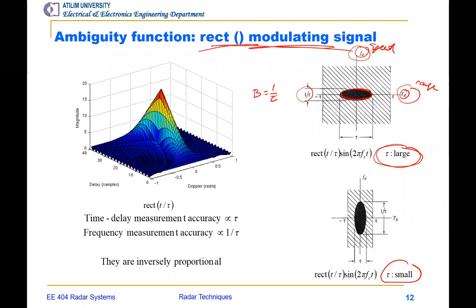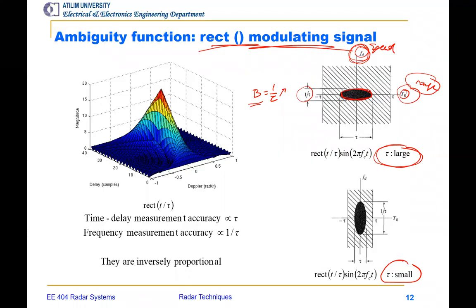Okay, so if I increase tau, bandwidth decreases, and then the width of the ambiguity function increases over range and decreases over speed, which means that the speed can be measured more accurately compared with the range, because wider the ambiguity function in an axis, lower accuracy in that axis.